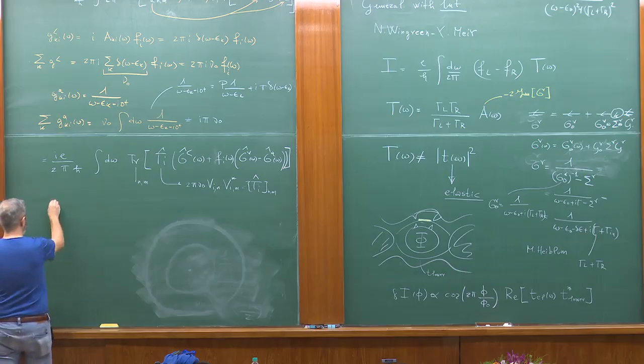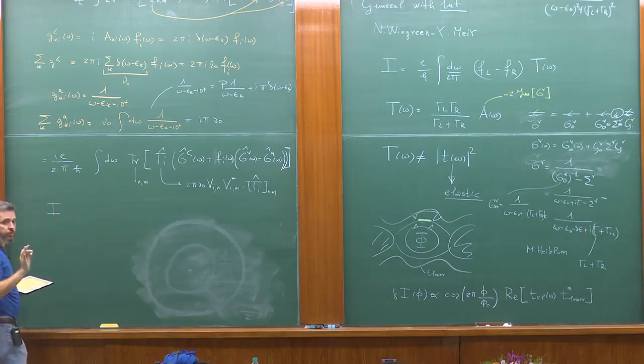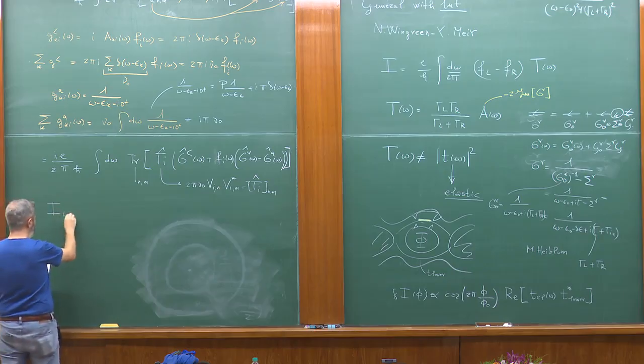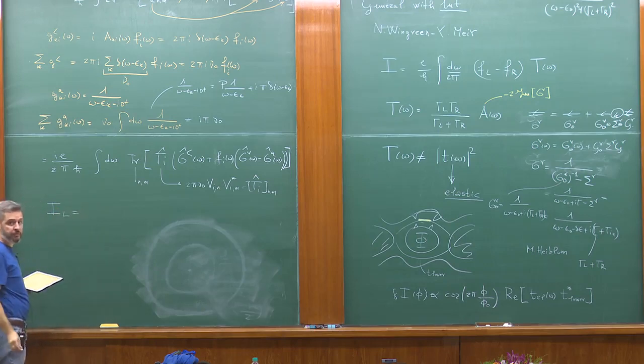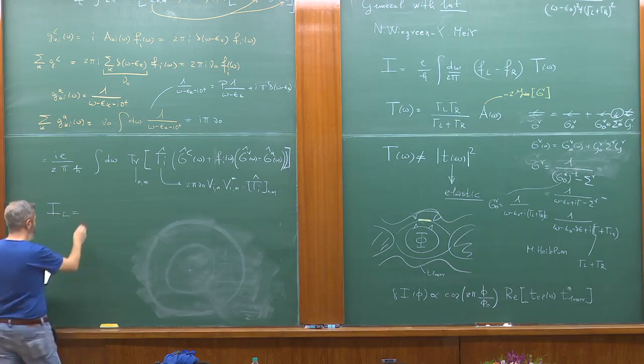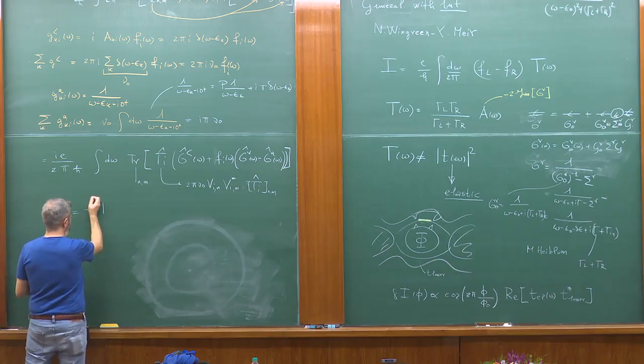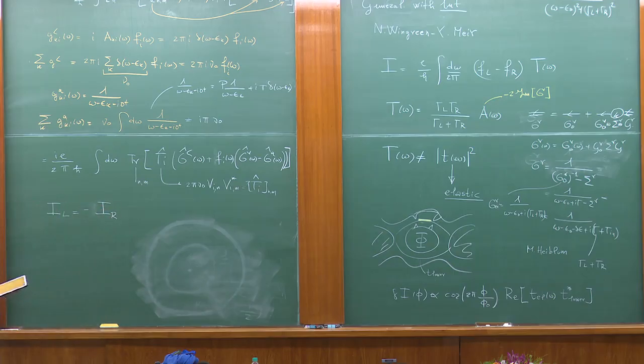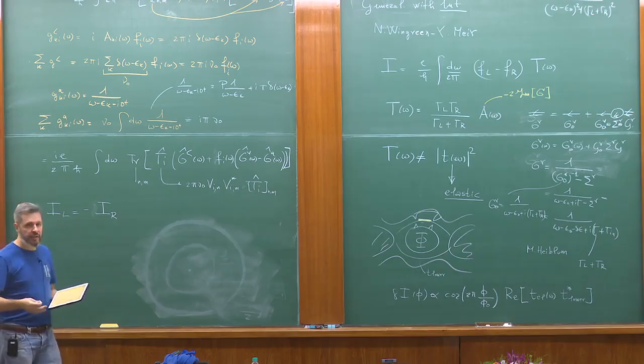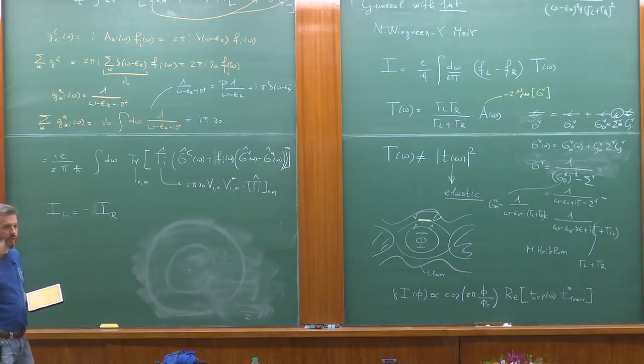Imagine, so it is always true that the current that flows out of the left lead is equal to minus the current that flows out of the right lead. That's because I don't want to have charge accumulation within my scattering region. If I would have charge accumulation, then energy would slowly explode, so it doesn't make any sense.